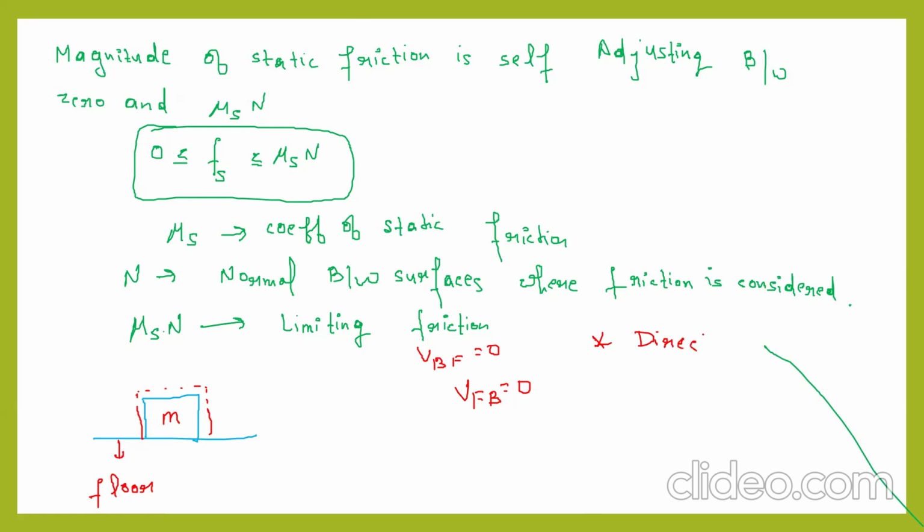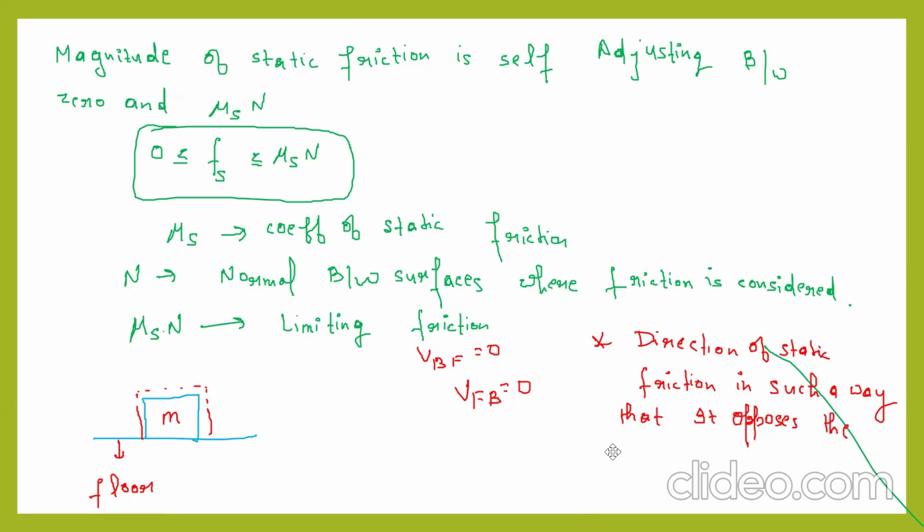You can write: direction of static friction is in such a way that it opposes the tendency of motion.